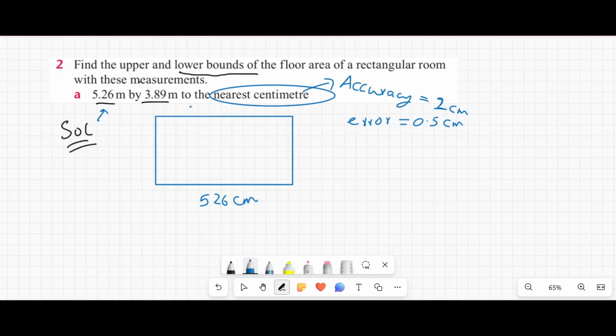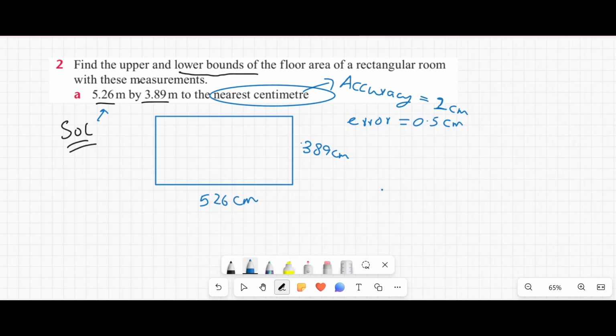So 3.89 meters will be converted into 389 centimeters.